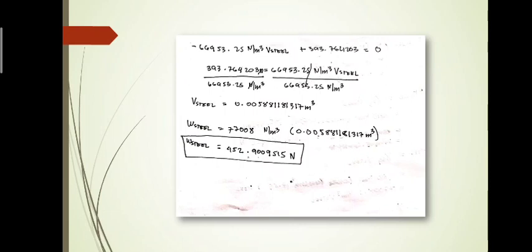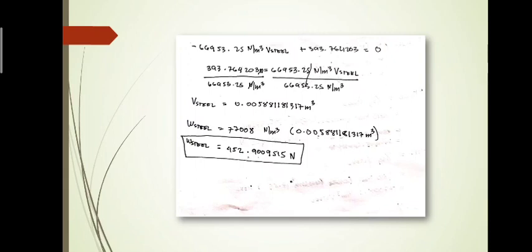Then the V steel term, we transpose it to the other side, so it becomes positive. 393.764203 Newton equals 66,953.25 Newton per cubic meter V steel.